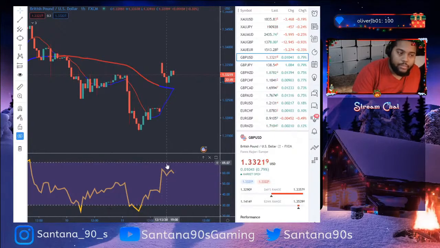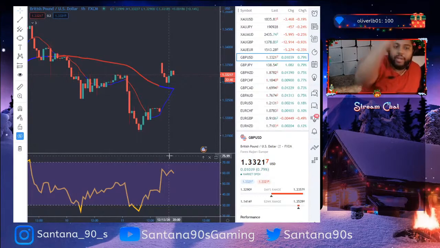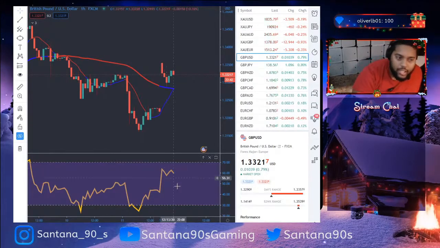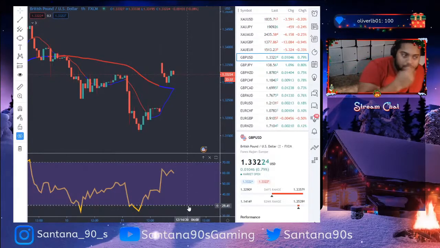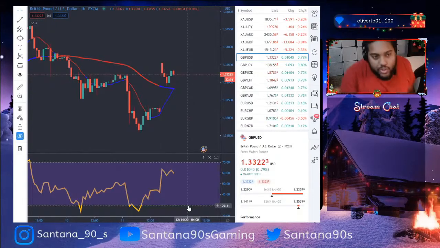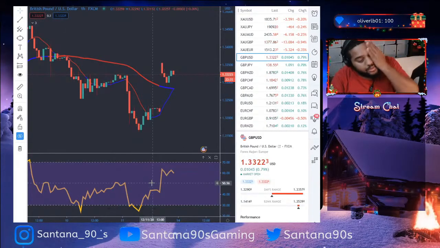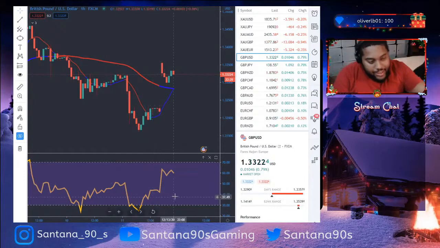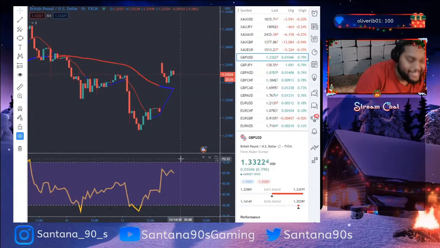Overbought means it's been going green, it's been going up too much. And oversold means it's been going down too much, for the power that it does. I don't know how to explain it correctly, but it's just too much. Too many sell orders, too many buys.